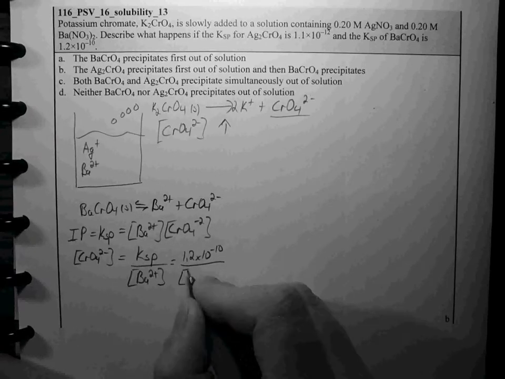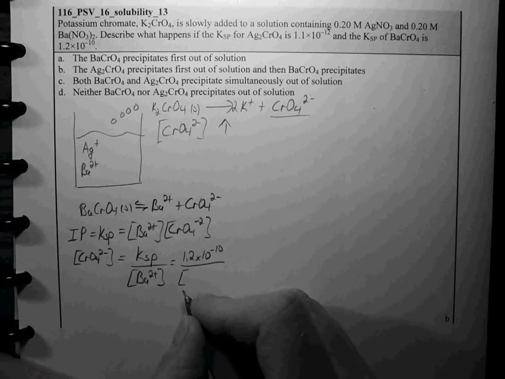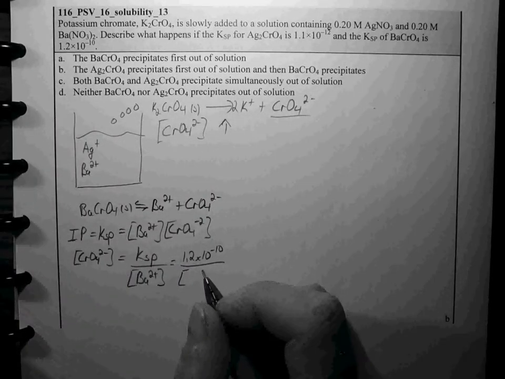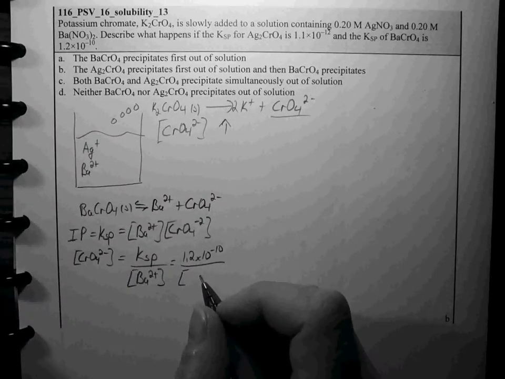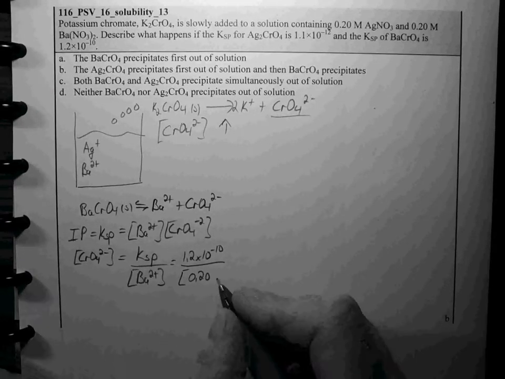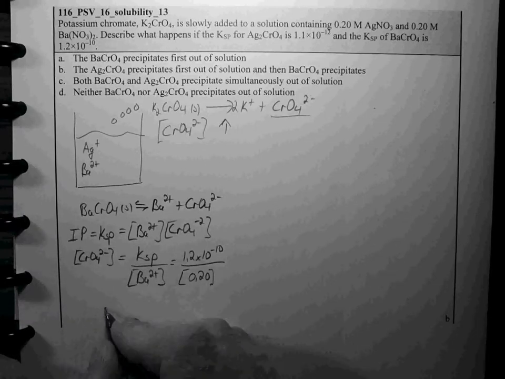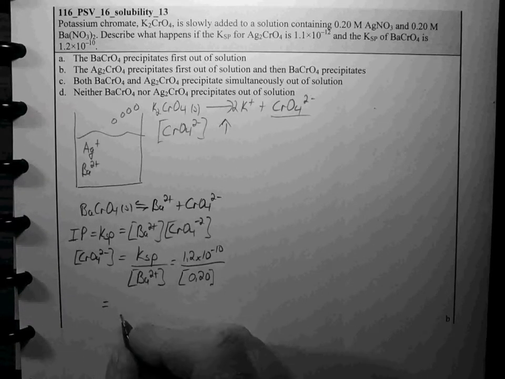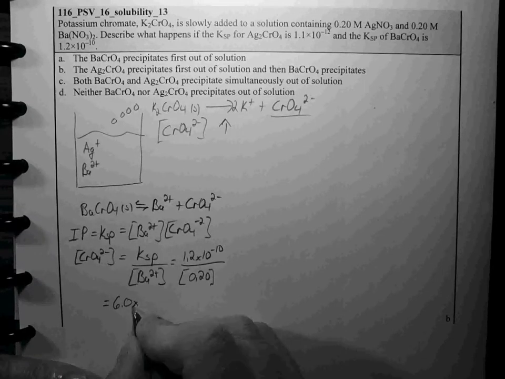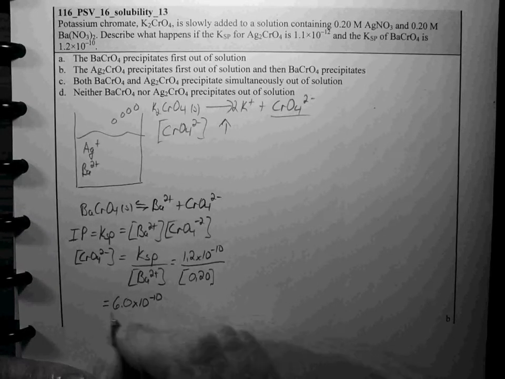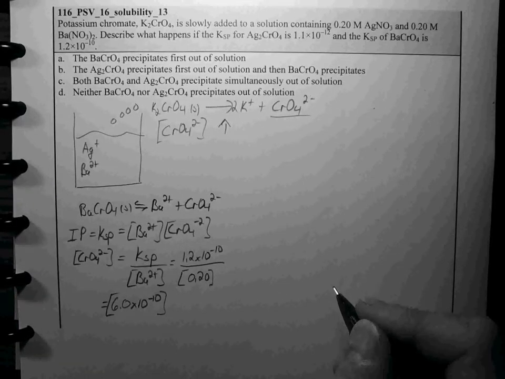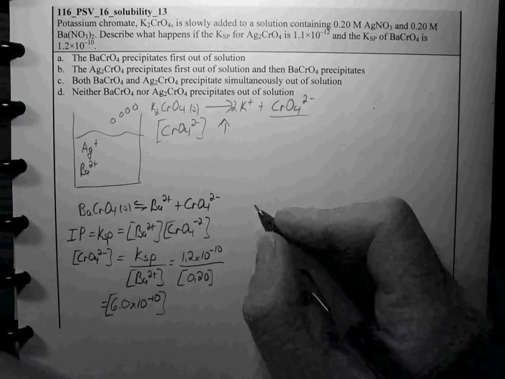Our barium 2 plus ion concentration is given to us in the statement of the problem as 0.20. So the chromate ion concentration where precipitation starts to occur is 6 times 10 to the minus 10 moles per liter.